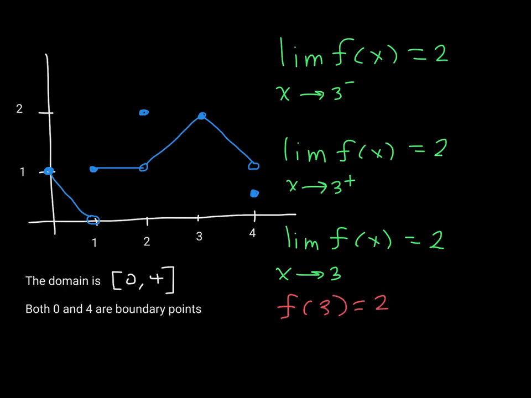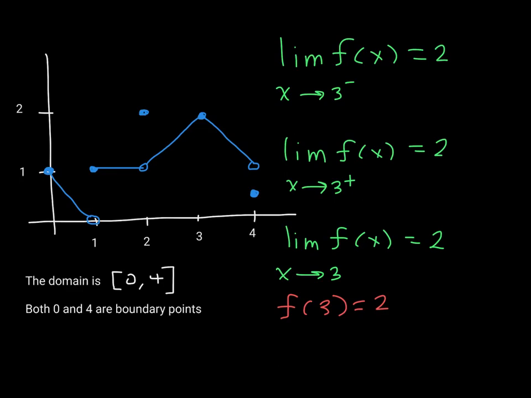The function value at 3 is equal to the limit. Notice the equality of the limit and the function value. That has everything to do with something we're going to talk about called continuity. Continuity at that point 3.